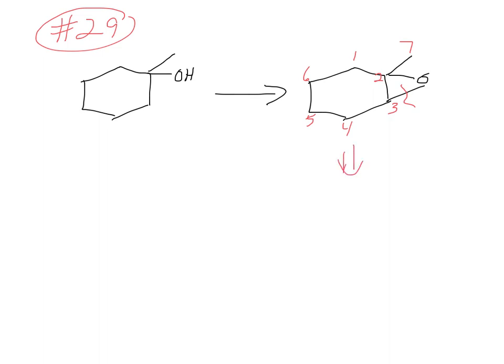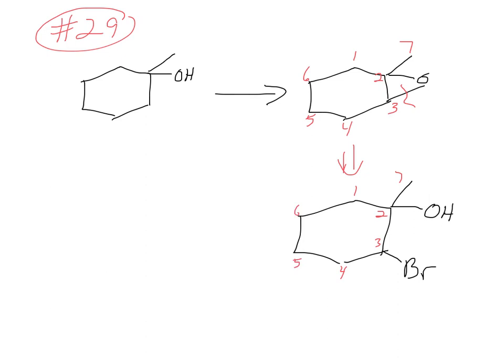So we take one step back. Let's put a bromine on 3. Oxygen still has the electron density. Carbon 3 is now delta plus.